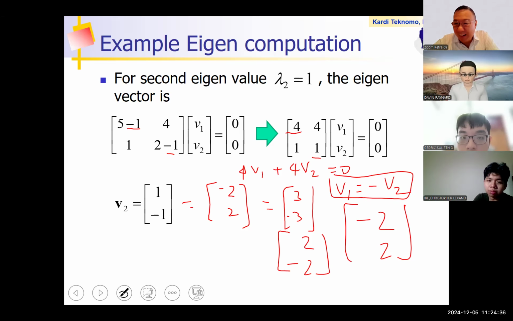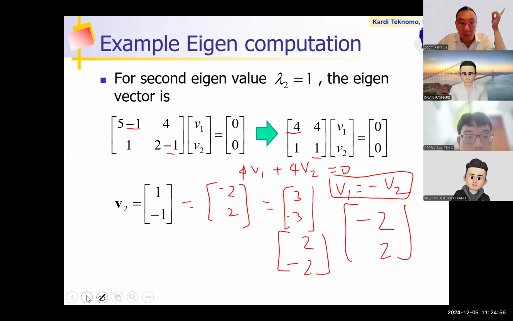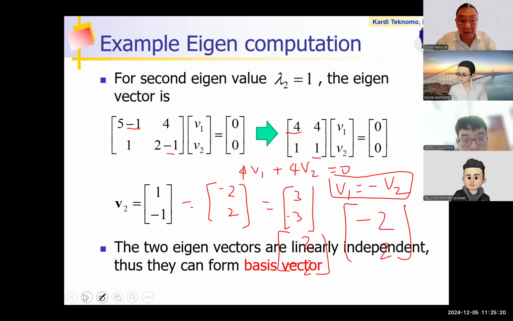Clear, sir. Clear, yeah. So you know already how to calculate eigenvalues and eigenvectors. You see? Easy? Okay. So now you have two eigenvectors, which are all real numbers. Okay. So in that case, look at this.